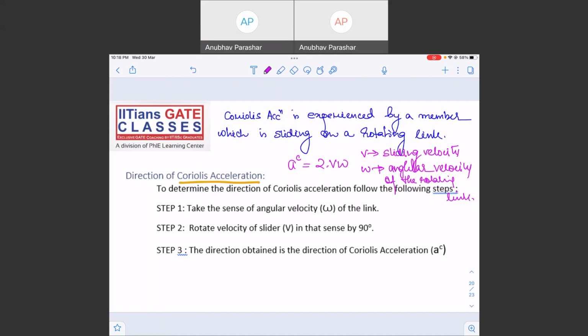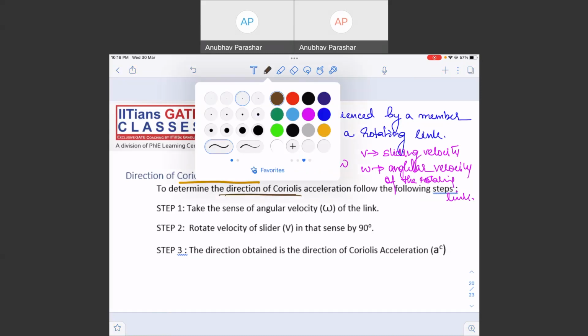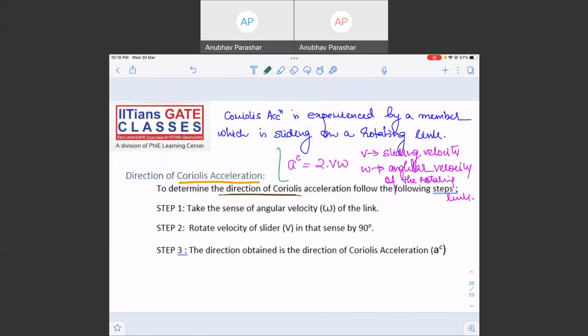Let us go through the different steps now. The magnitude of Coriolis acceleration you can very easily find out. It's a very simple formula, 2 v omega.